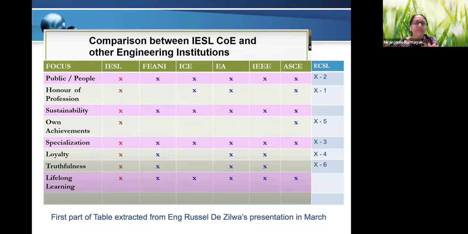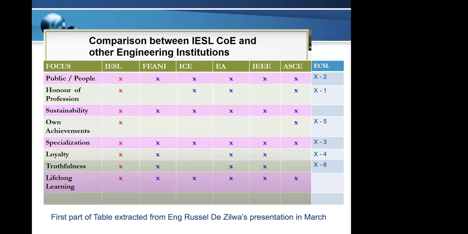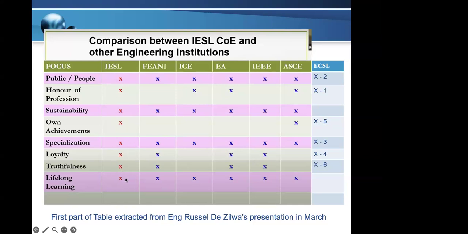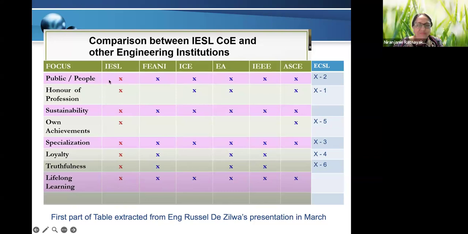Do you think there is a conflict? No, madam. Both are under the Institution of Engineers Sri Lanka. Therefore, there is no conflict of interest because both are conducted by the same institute and ECSL also.